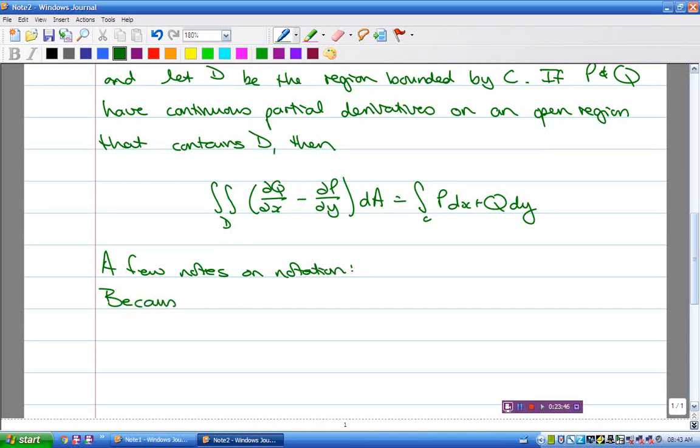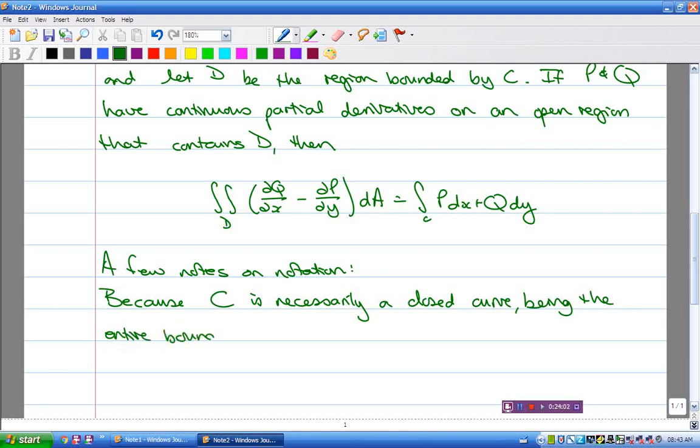Because C is necessarily a closed curve, because it's the entire boundary of the region D, instead of writing just the integral sign with a C at the bottom, we can use that symbol that we've already seen that's got the little ring on it to show it's a closed curve.